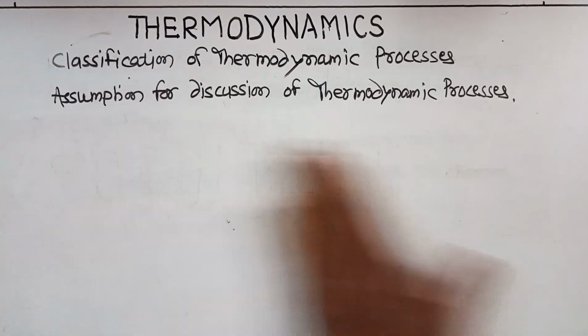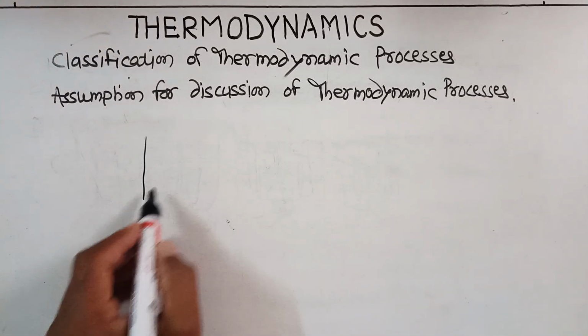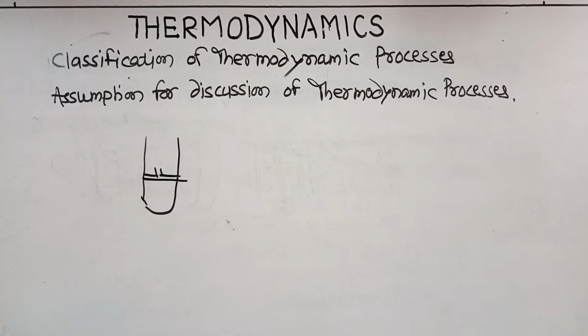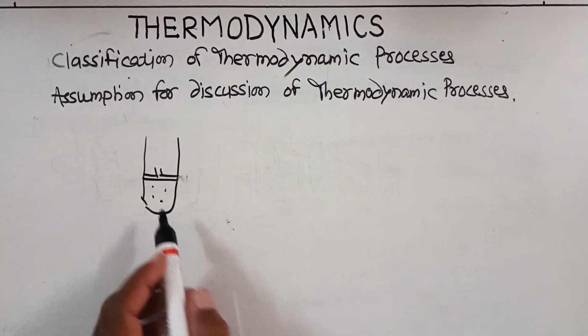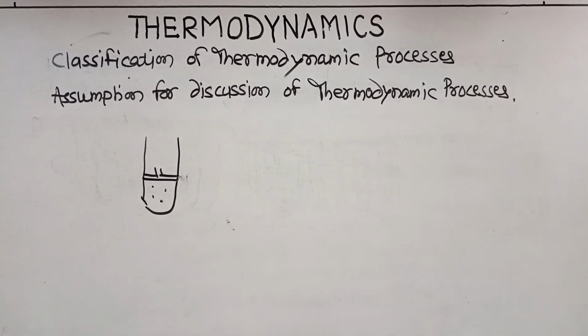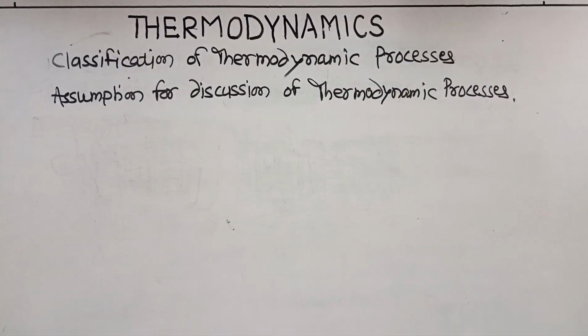Then the second assumption for further discussion is that we are considering a cylinder with a movable, massless piston, and an ideal gas is enclosed in this cylinder. Also we are going to consider the temperature to be the same.